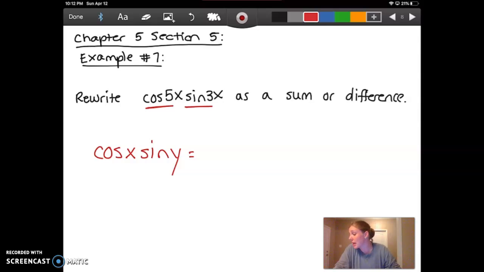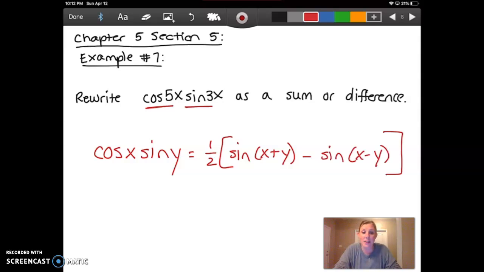So here I have cosine x times sine y, and that's going to equal 1/2 times sine of x plus y, minus sine of x minus y. You can find this in your foldable. I'm double checking everything. Cosine times sine, that's the one. This is the identity that we're actually going to use.